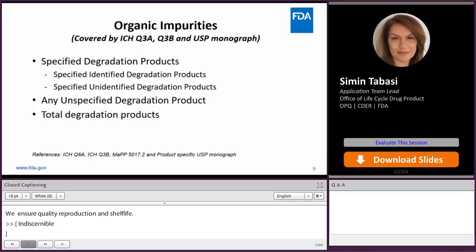Second, impurities from degradation of drug substance, as well as those impurities formed during manufacturing and storage of drug product. Additionally, impurities formed due to interaction between drug substance and other components of drug product, such as excipients, container closure, etc., must be controlled.